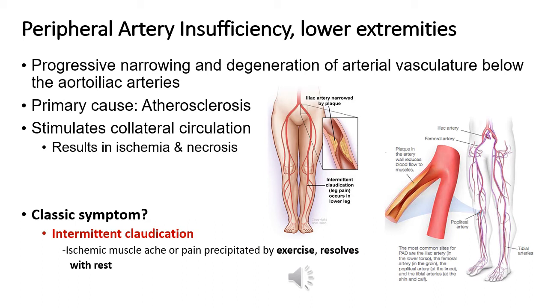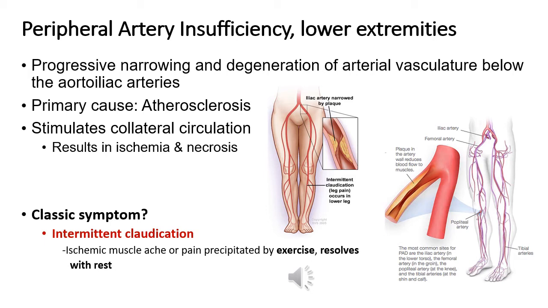Peripheral arterial insufficiency in the lower extremities usually occurs below the aorta. Later, we'll talk about issues with the aorta. So if you look at the pictures here, we're talking about the iliac, femoral, popliteal, tibial, and also the peroneal arteries. That one isn't depicted in the picture, but that one as well.